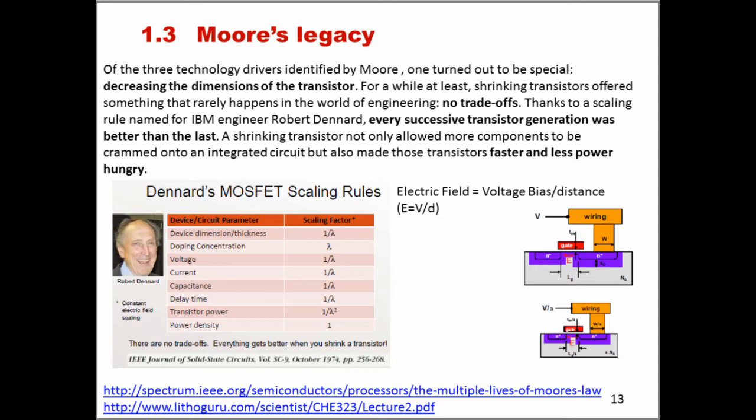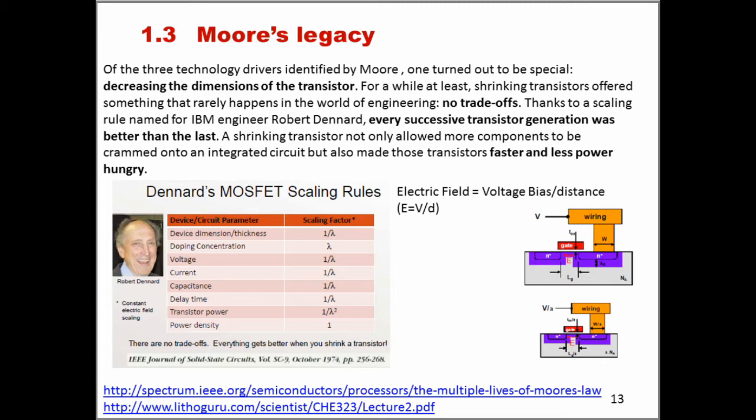Now, of these three technology drivers that were identified by Moore, one is really special, and this is the decreasing of the dimension of the transistor. So shrinking the size of the transistor is really special. And the reason is that for quite a while, for several decades actually, shrinking the transistor offered something that never really happens in the world of engineering.